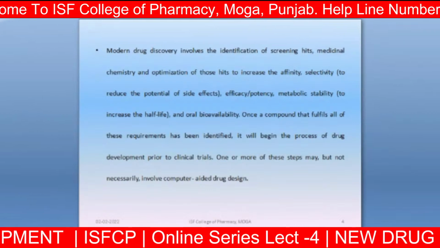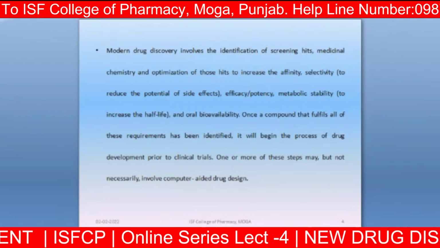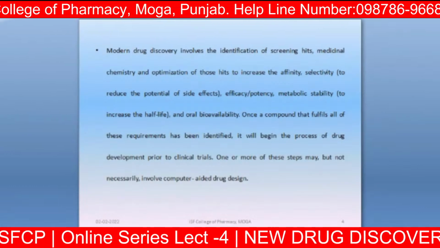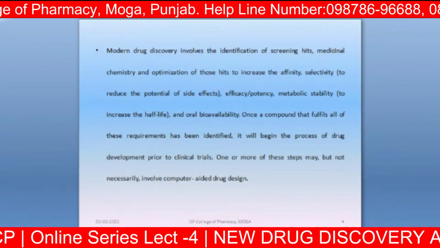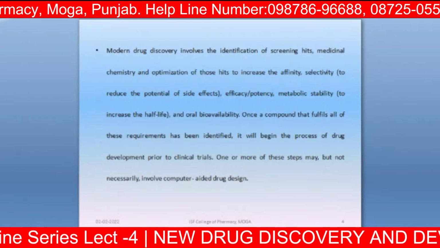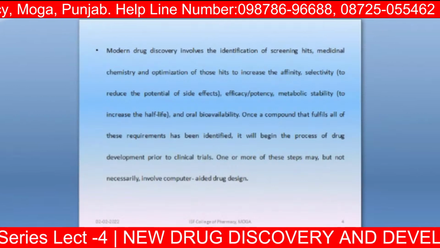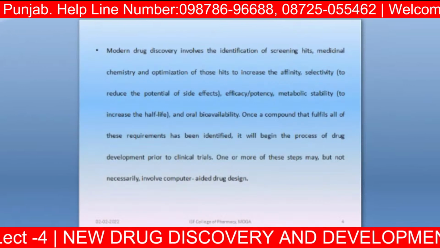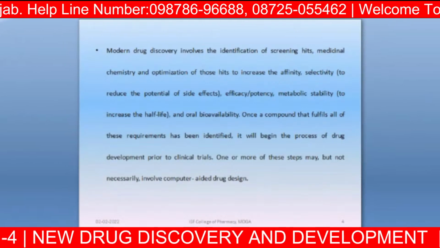For the same, I want to quote an example. In the case of angina, we have two options: first is the tablet, second is the sublingual. The situation differs in each case. In the case of a tablet, as we have discussed, it may take 30 to 40 minutes.